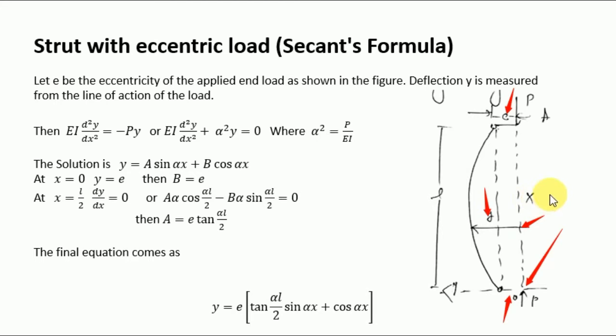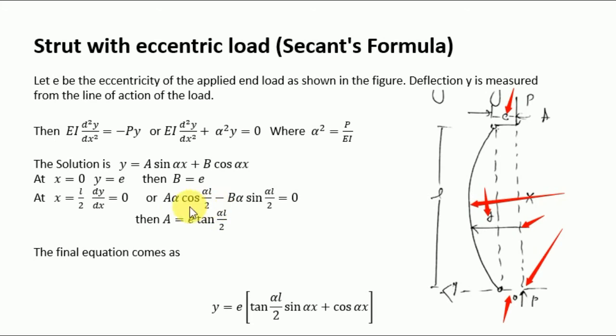When we put x equal to L by 2, in the middle of the beam, the slope becomes obviously 0, dy upon dx equal to 0. Then we solve this equation by differentiating. If we differentiate, sin alpha x becomes alpha cos alpha x, and cos alpha x becomes minus alpha sin alpha x.